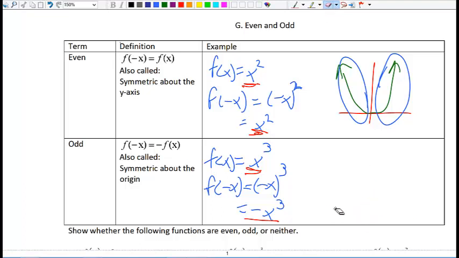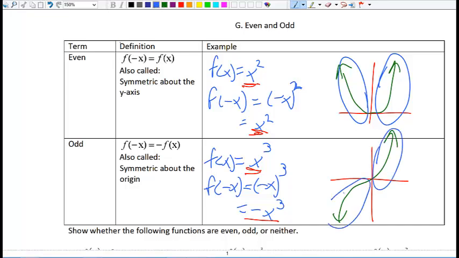So let me illustrate graphically what we're talking about here. If I put in the cubic function, this piece in the first quadrant actually matches the piece in the third quadrant, but it's a reflection, what we call over the origin.